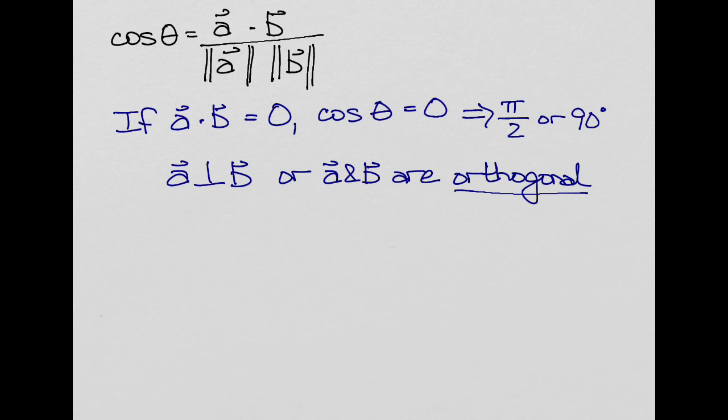On the other hand, if I have two vectors that are parallel, that means the angle between them is 0, right? They're going the same direction. And everything on the right-hand side, if my angle is 0, this is all 1.